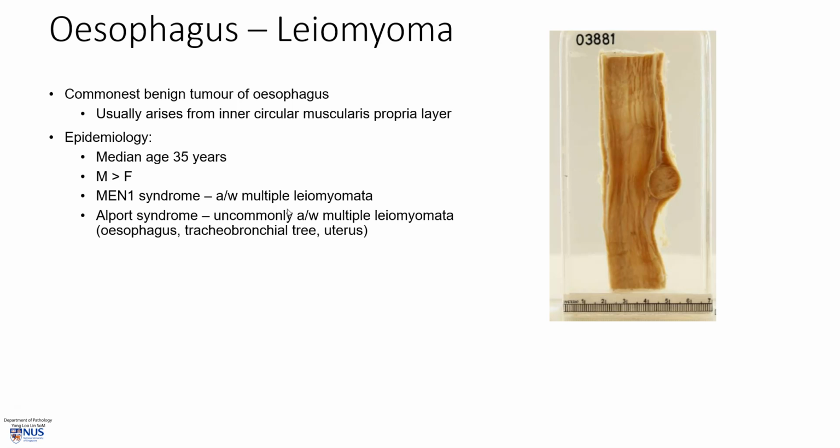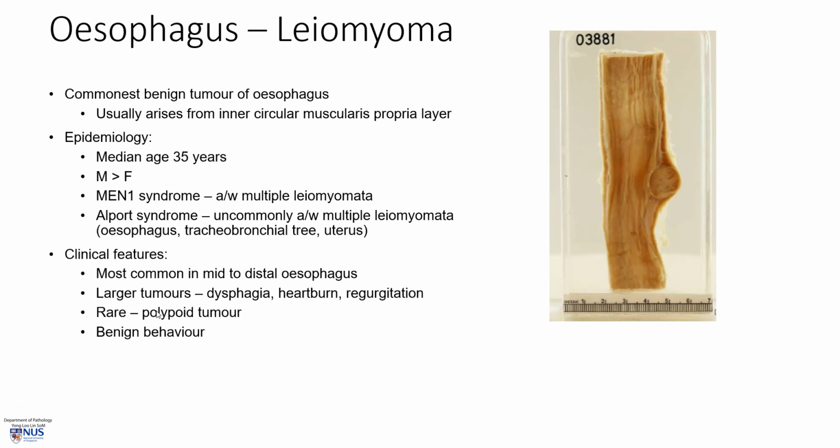Sometimes, in some clinical settings, the patient may have multiple leiomyomata, for example, in MEN1 syndrome or very uncommonly in Alport syndrome. In Alport syndrome, there may also be leiomyomas in the tracheobronchial tree as well as in the uterus.